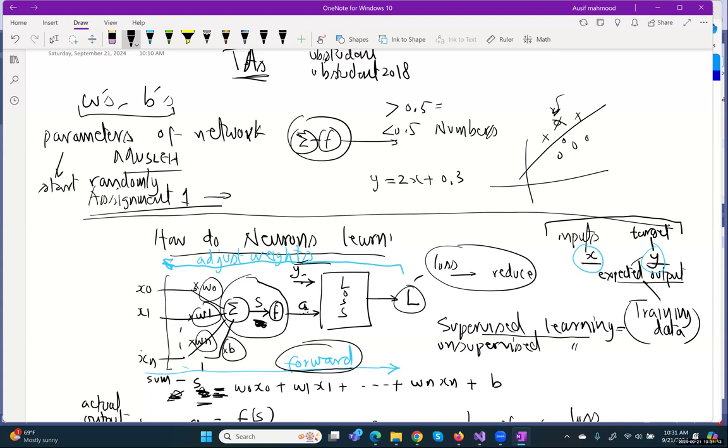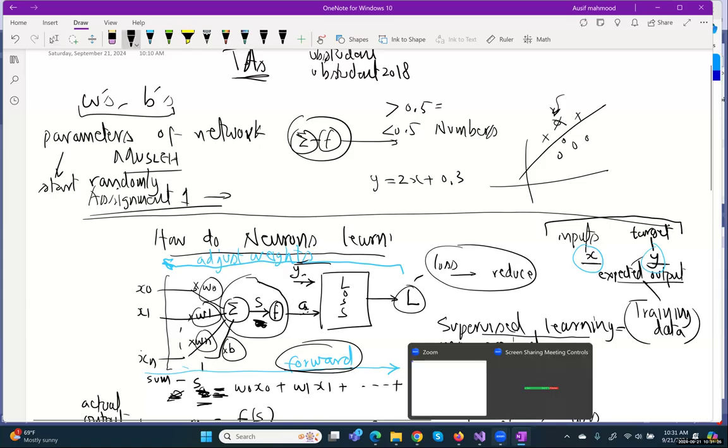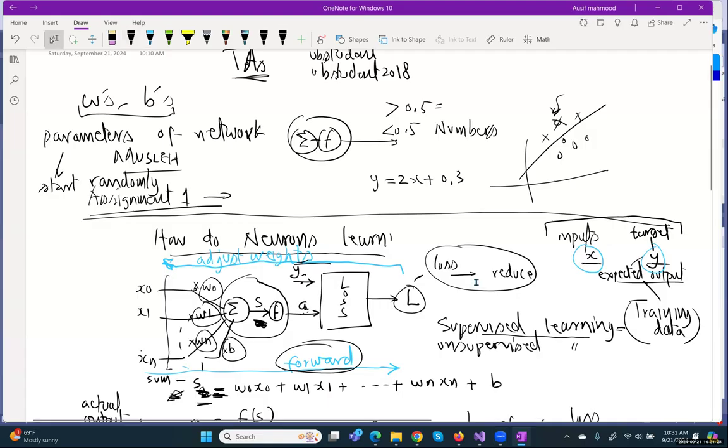So that is, at a high level, the goal for all neural networks, regardless of whether we have one neuron or millions or billions of neurons, okay? Like I said, for a single neuron, we could come up with a closed form solution, meaning it could give us the ideal values for the weights.